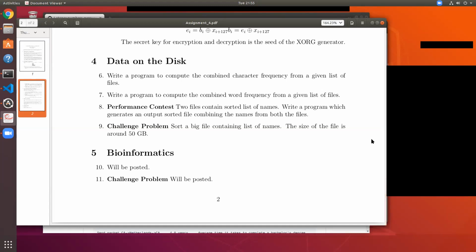This is going to be a fun problem. Problem 8, super fun. Problem 9 is super fun. No, we will give a program to generate a 50 GB file.